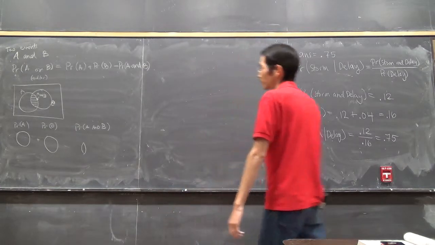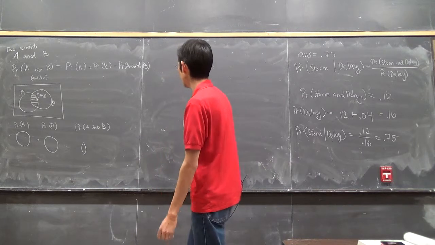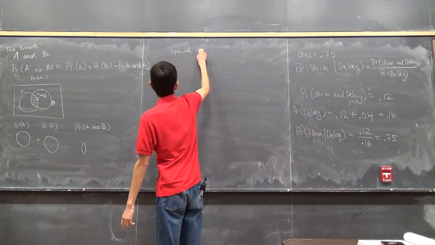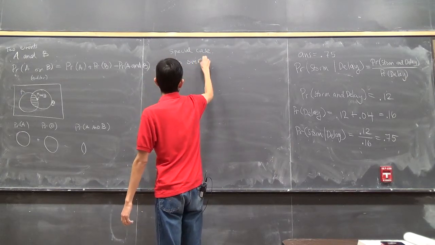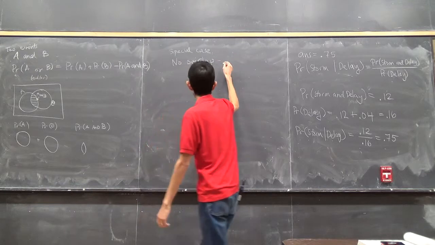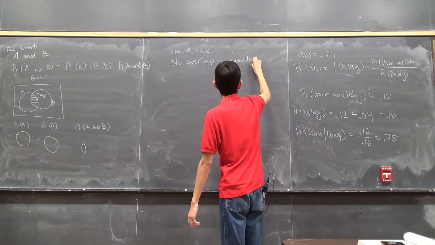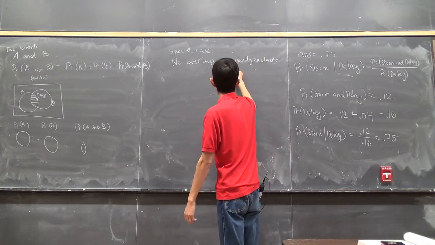Okay, so we have the probability of A or B. And then we have the special case where we have no overlap. These are known as mutually exclusive, or also known as disjoint events.